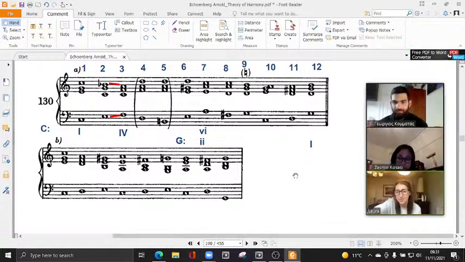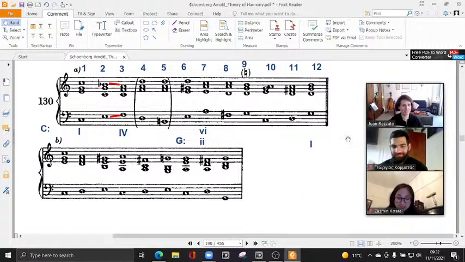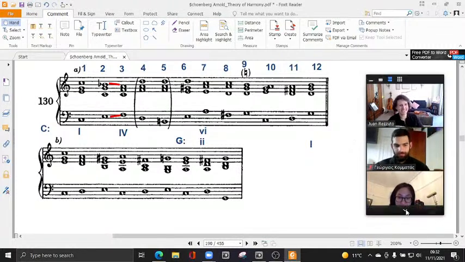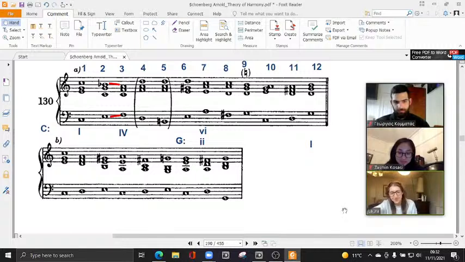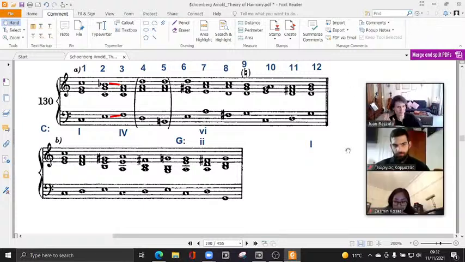It's not the Mixolydian. I love the way you express yourself, you start with what is not. Why is it not the Dorian? Let's go through that.